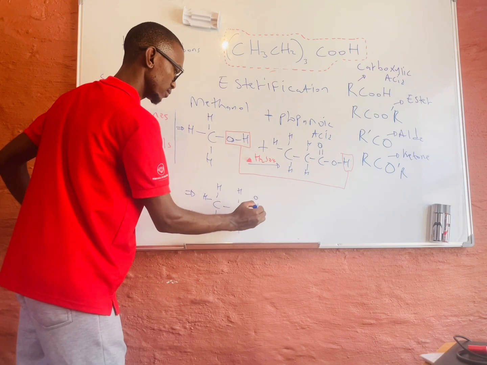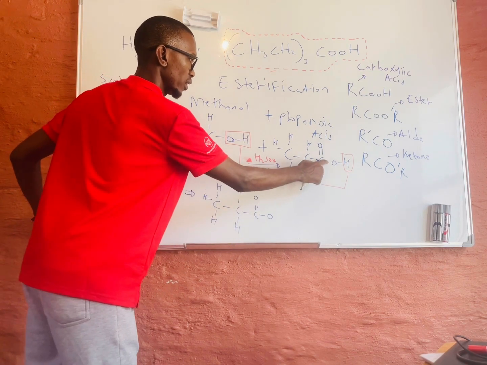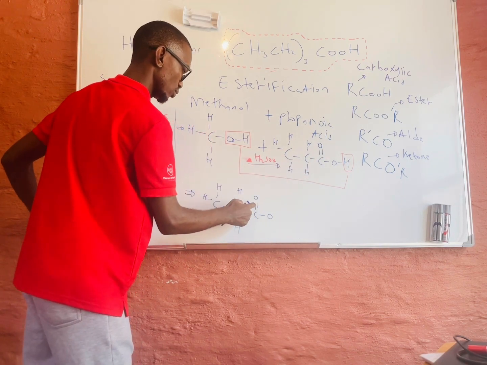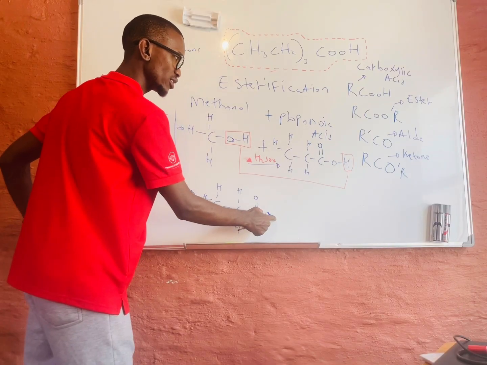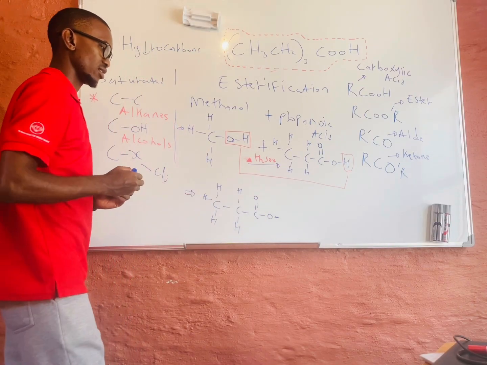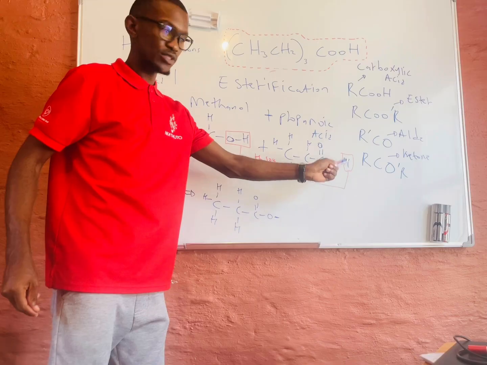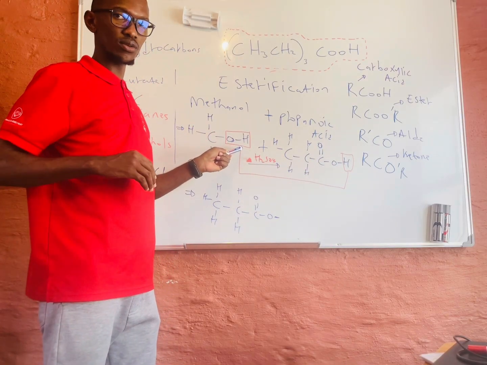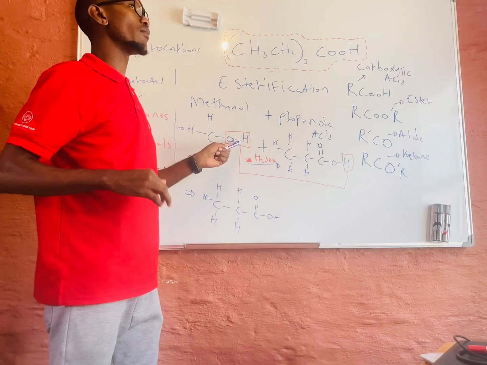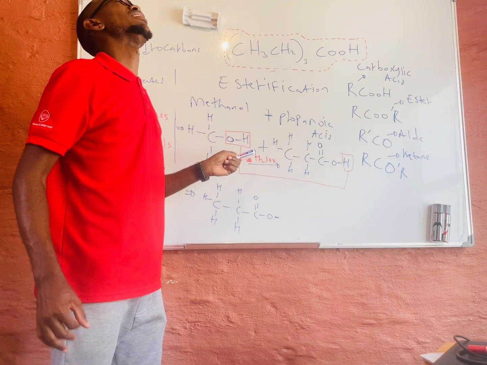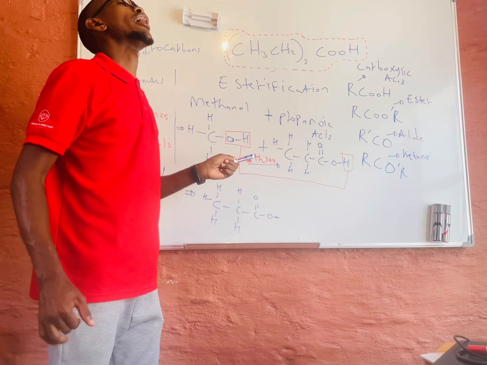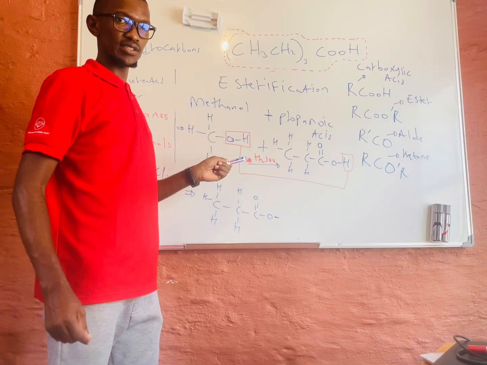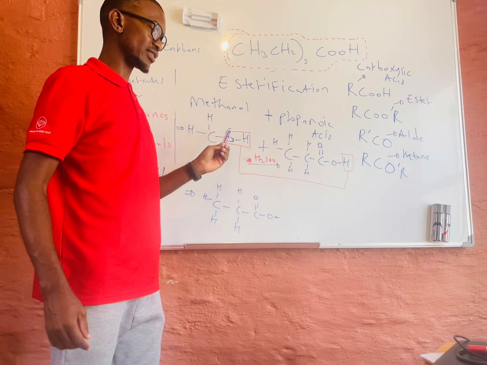As you can see, 1, 2, 3, 4. The oxygen is the one that is making a bond, because they took away the hydrogen. The hydrogen has to bond with the OH.